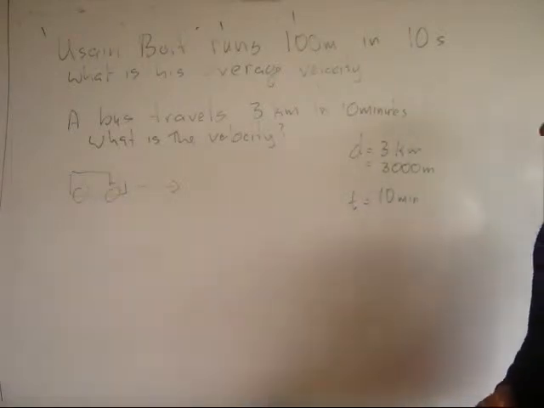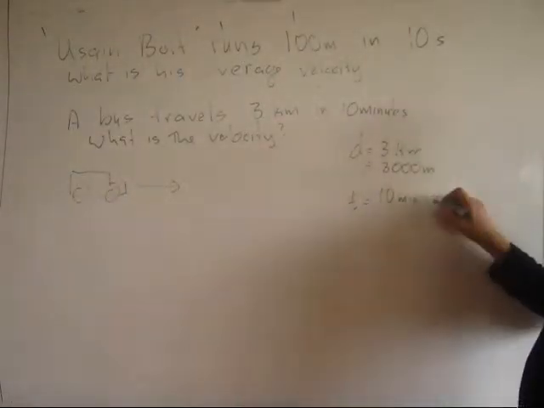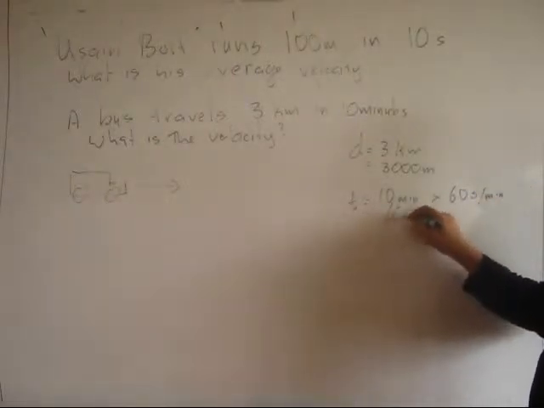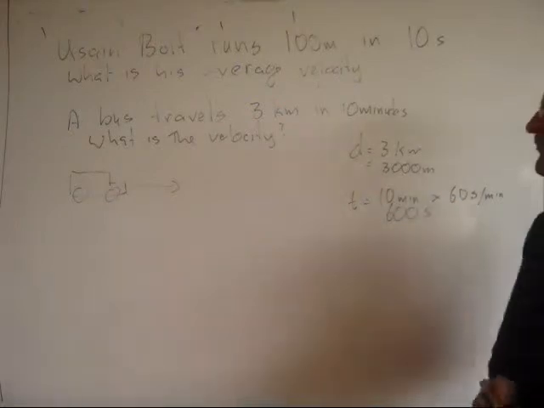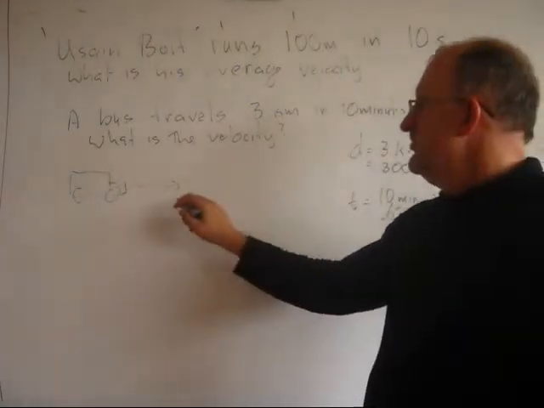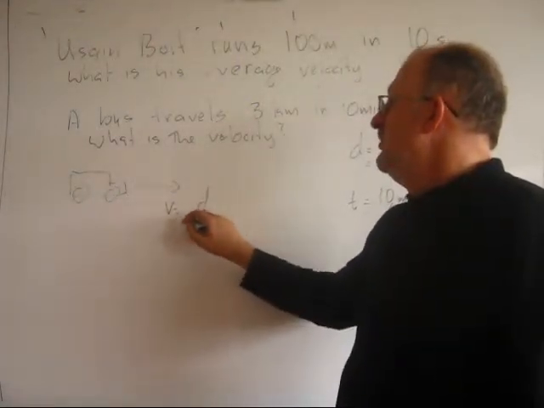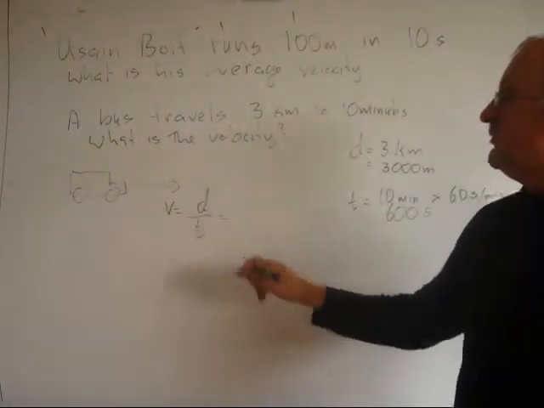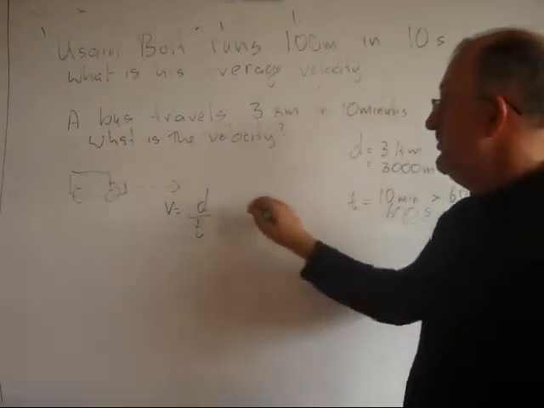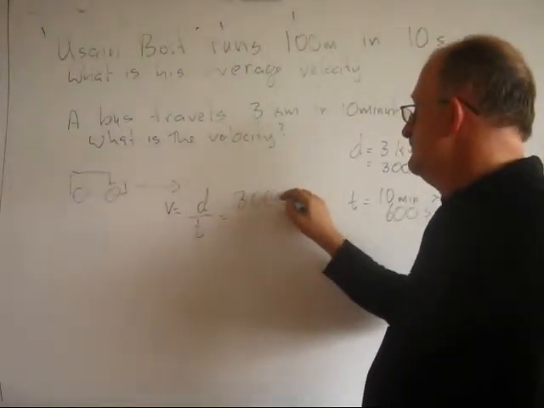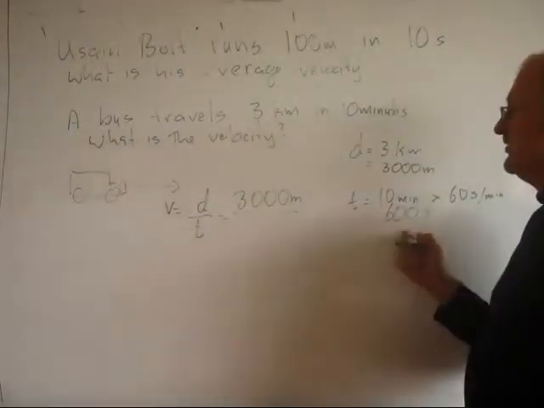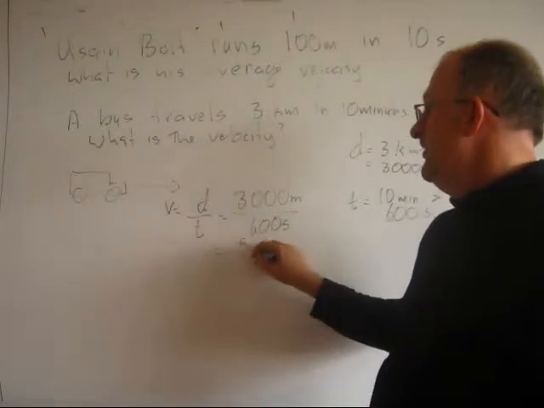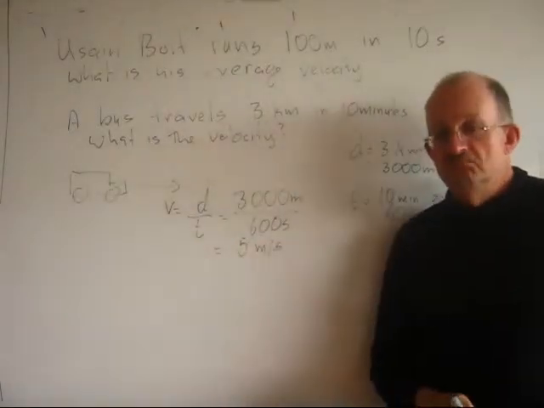T is going to be 10 minutes times 60 seconds per minute, equals 600 seconds. So let's try this. V is equal to D over T, because that's the formula, which is equal to distance, 3,000 metres, over time, 600 seconds, equals 5 metres per second.